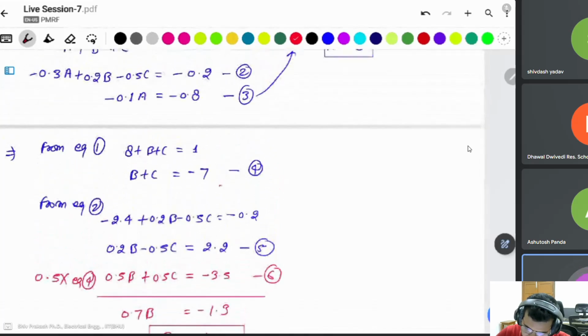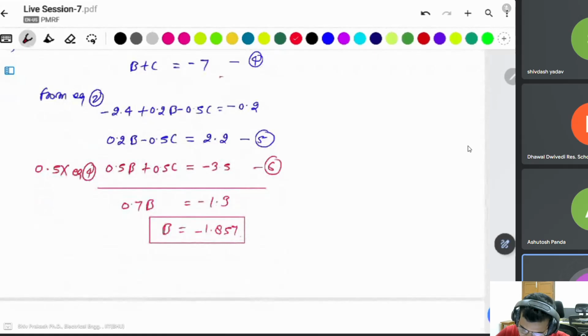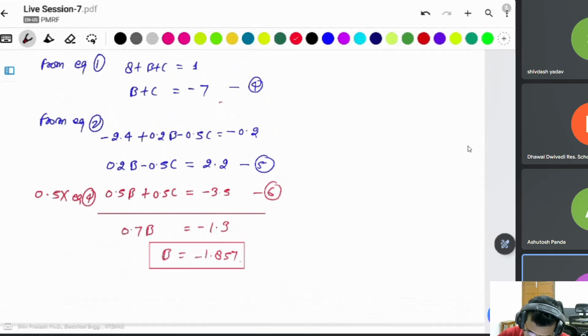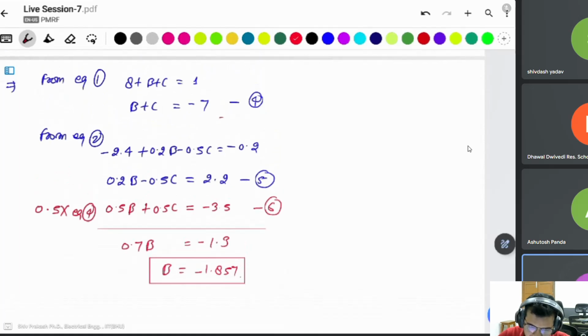A value is 8, B is minus 1.857. Then what is the value of C? You can put it anywhere. Suppose we find it from equation one: 8 minus 1.857 plus C is equal to 1, then C is equal to minus 5.143.